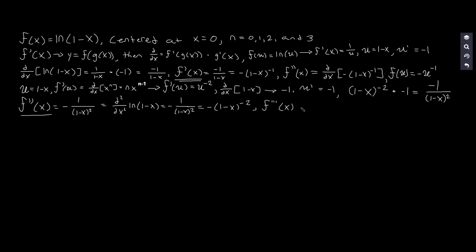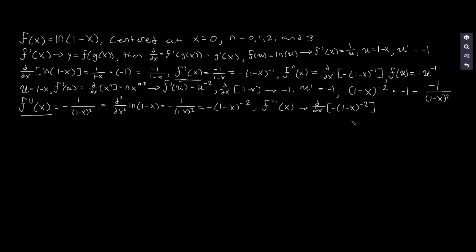And so we're going to have to find d over dx of negative 1 minus x raised to the negative second power. We're going to take the derivative of this using the chain rule again. So we'll have to identify what's the outside function and what's the inside function.